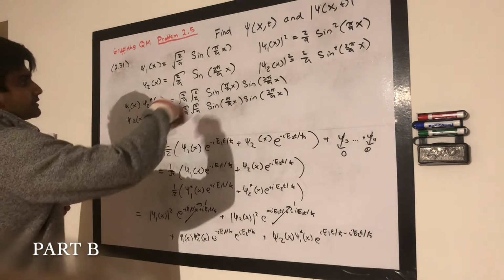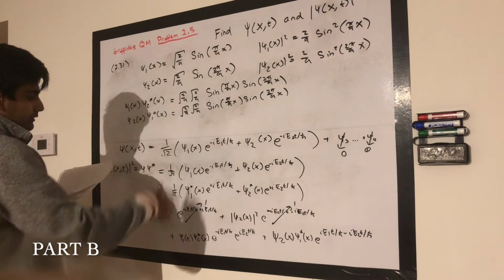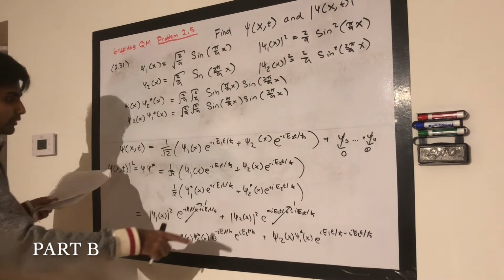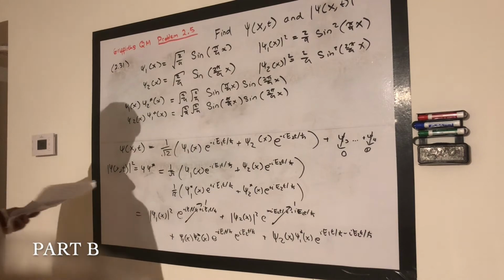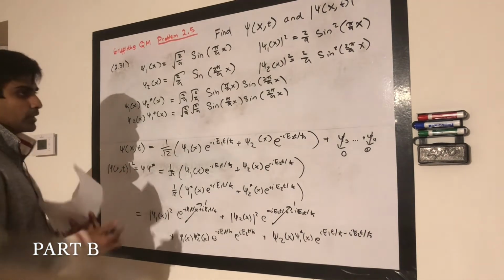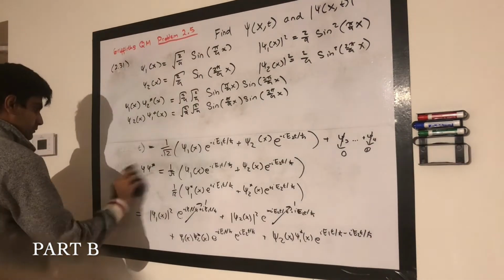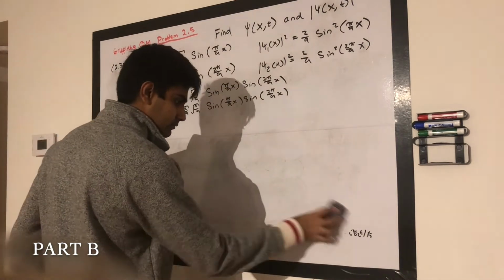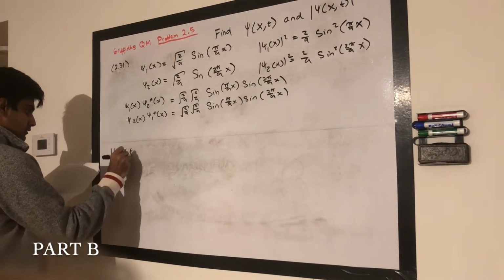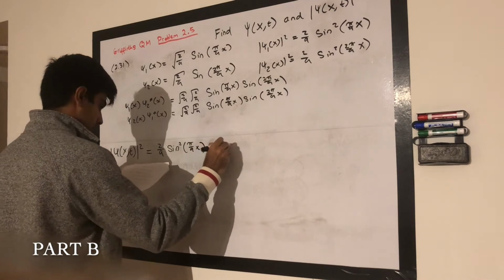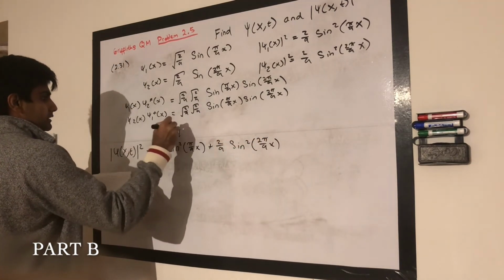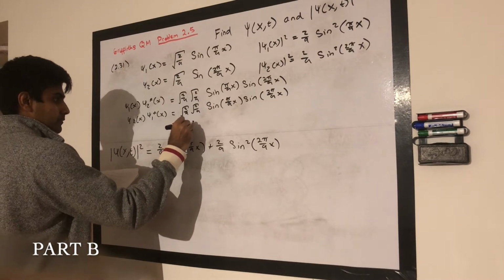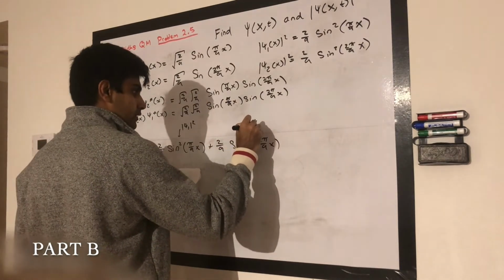So using these terms that we've found and this equation we see below, we can simplify our equation more for psi of x and t squared. So this term is psi 1 squared, and this one is psi 2 squared.